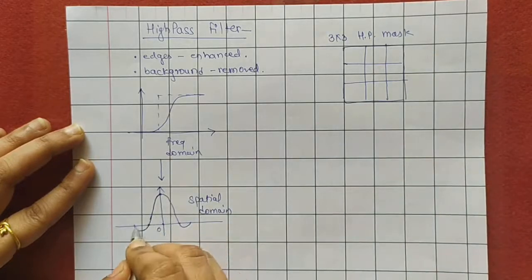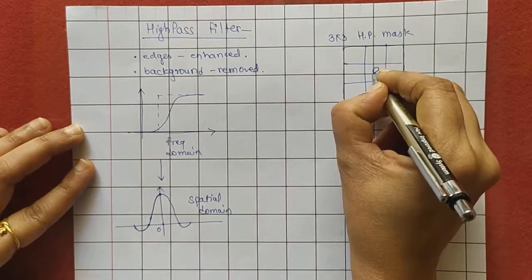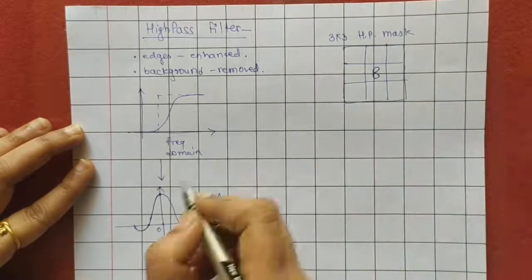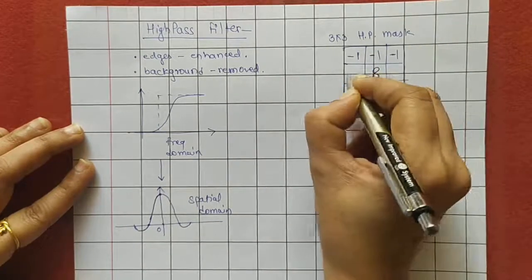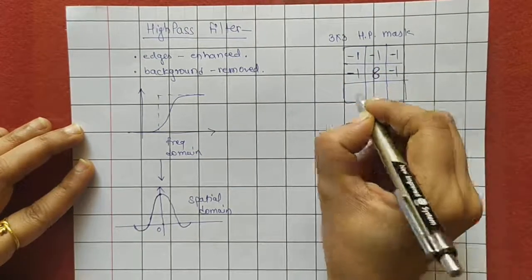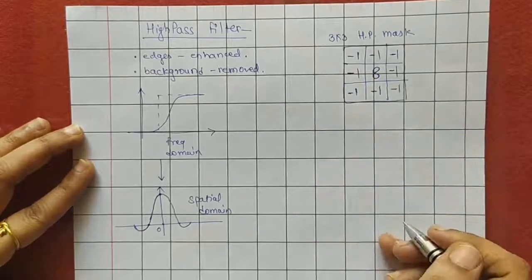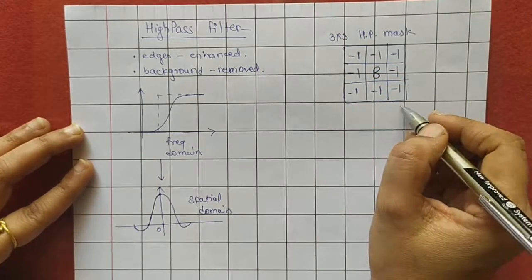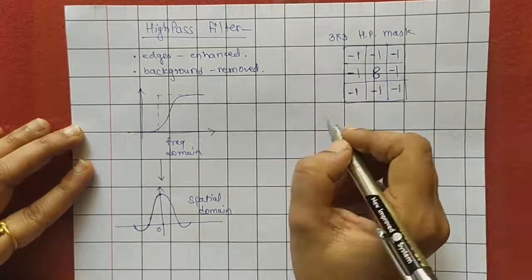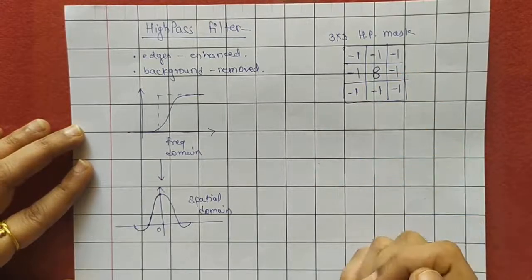So at the center it is having maximum value, and at the periphery there are negative values. So a 3x3 high pass filtering mask is having coefficients like this. If we add all the coefficients of the high pass mask, then the addition of all the coefficients is equal to 0.